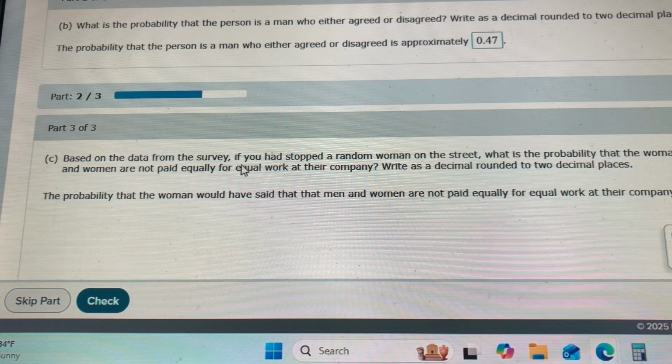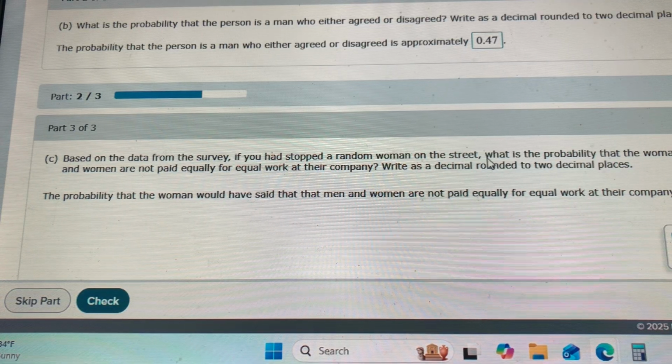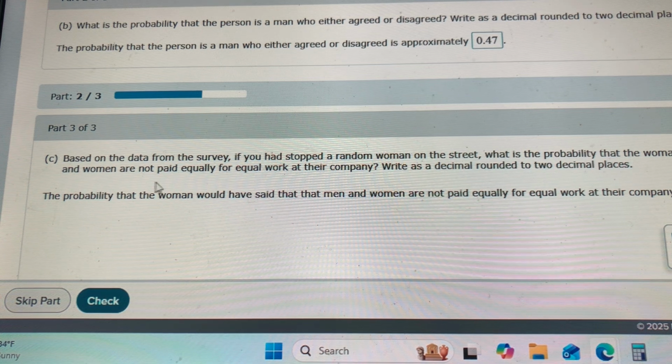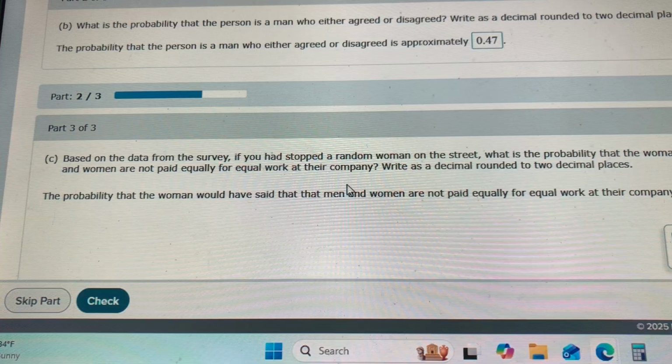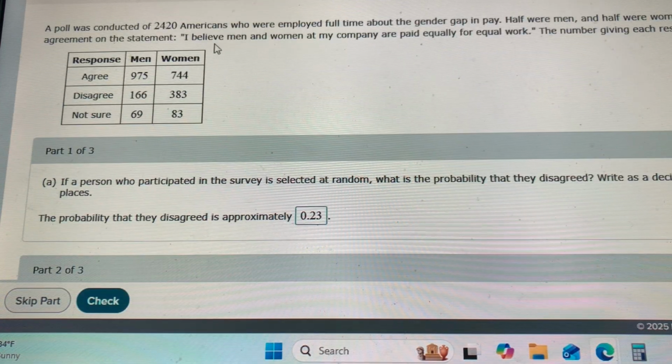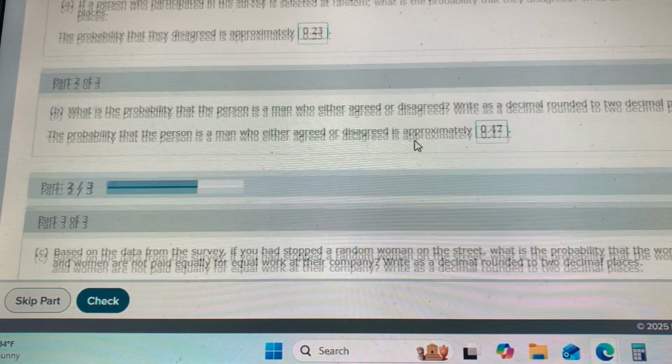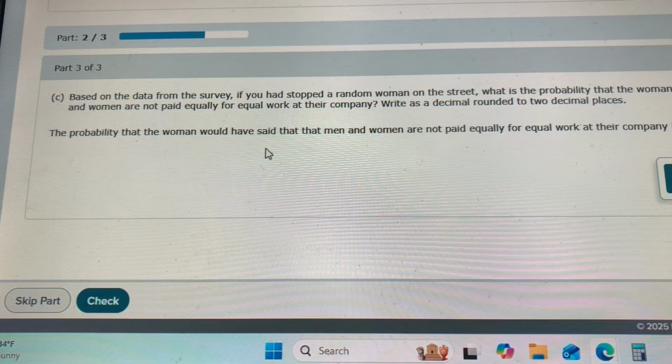Based on the data from the survey, if you had stopped a random woman on the street, what is the probability that the woman would have said that men and women are not paid equally for equal work? Okay, that's weird. Is that what this problem's about? I believe men and women at my company are paid equally. So the statement is that if you agree with this statement, men and women are paid equally. That's the agree part of this. So what's the chance you stop a woman on the street and she says that men and women are not paid equally?